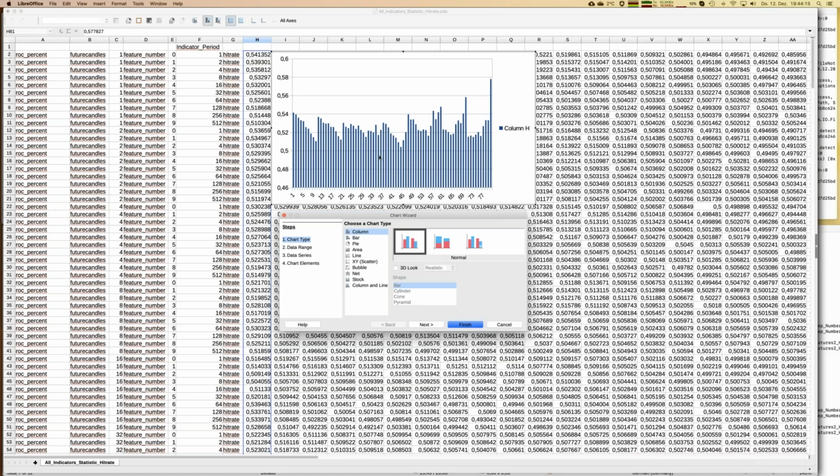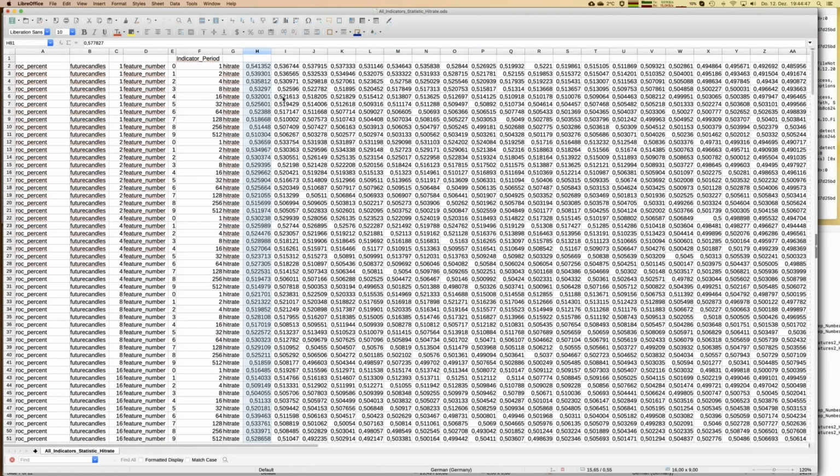But since I plotted just the very left group, all the values are above 50%. So whatever indicator period I use and whatever future candles I use, the final statement here is always the same. We should go for counter trade.